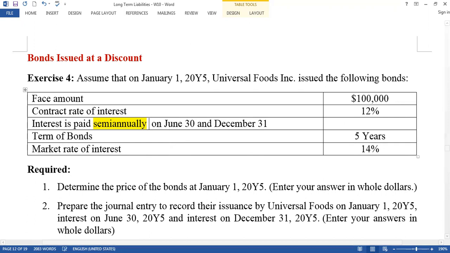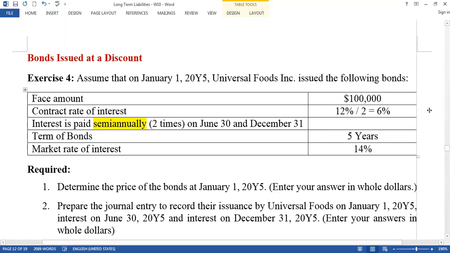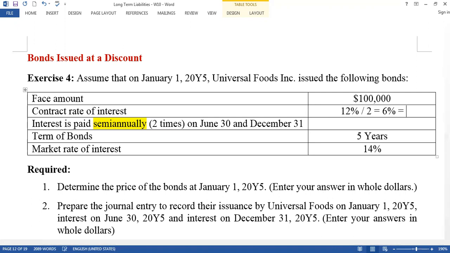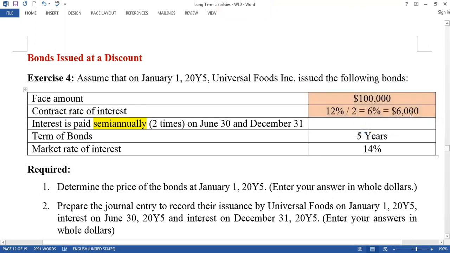Because it is, I repeat again, 2 times a year. 6%, right? 6% means $6,000. So we calculate this, and we find that interest expense is $6,000.